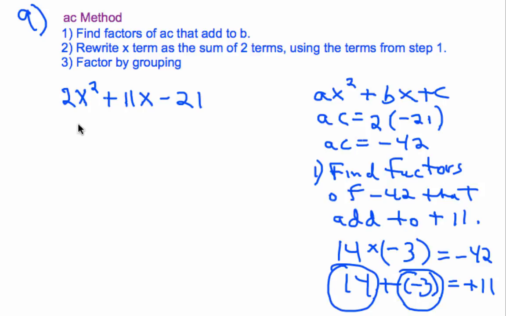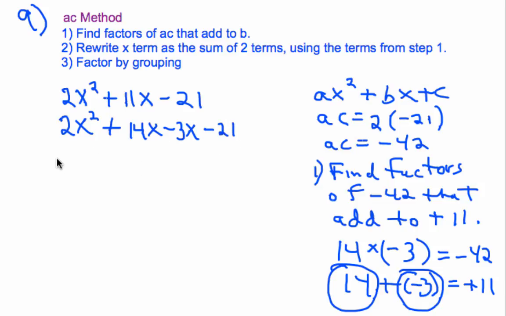So step 2 says rewrite the x term as the sum of two terms using the terms from step 1. Well, we found 14 and negative 3, so we're going to rewrite 11x as 14x take away 3x. And we still have the minus 21.